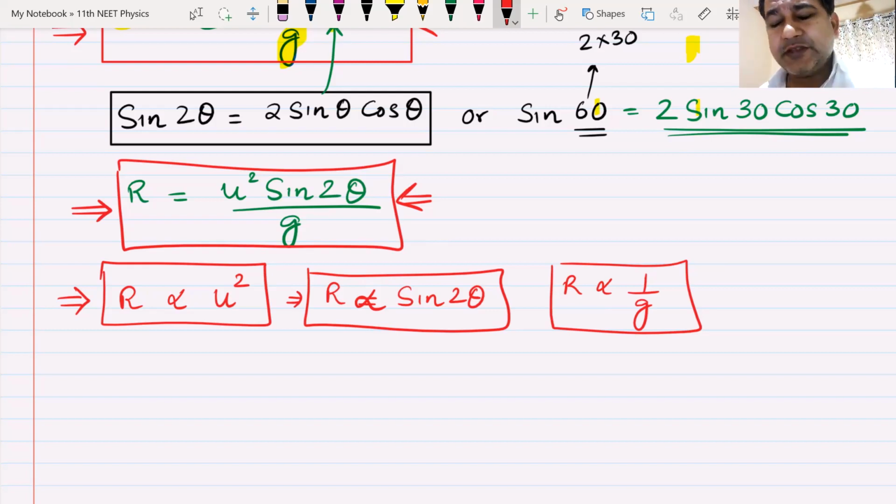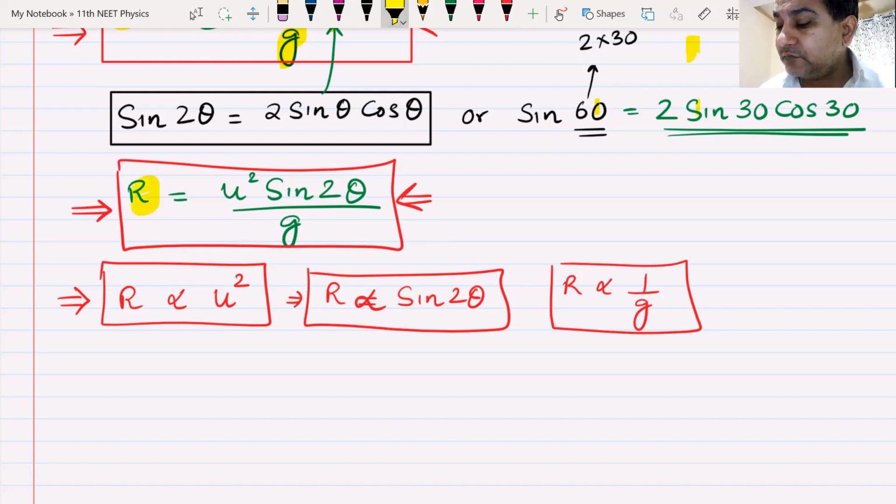How much will he be able to throw on moon? If you can throw 10 meters here, how much will you be able to throw on moon with the same velocity and the same angle? Remember, acceleration due to gravity on moon is 1 by 6 times. And hence, if you can throw 10 meters here, you would be able to throw 60 meters on moon.